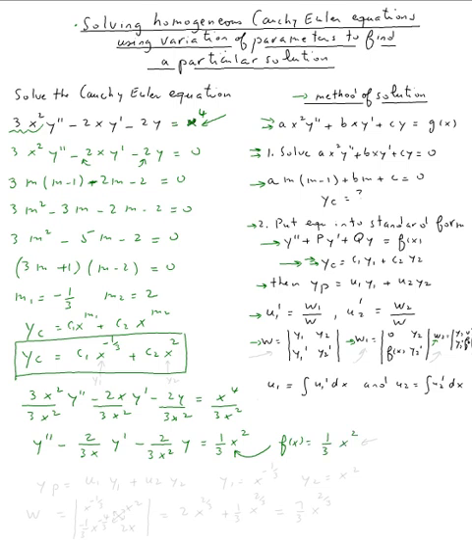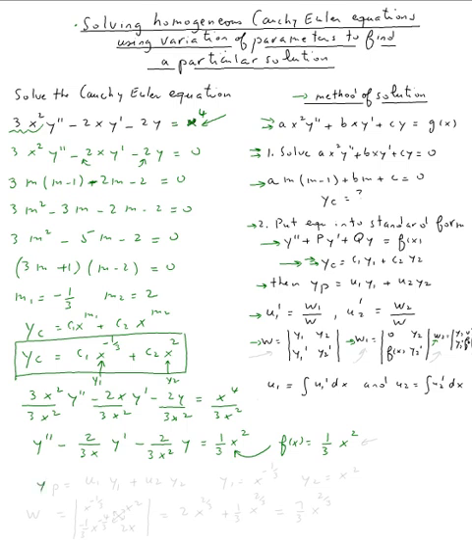Next thing, we need to find y1 and y2. Since this is yc, I'm going to pick these to be my y1 and my y2. I need a fundamental set of solutions.